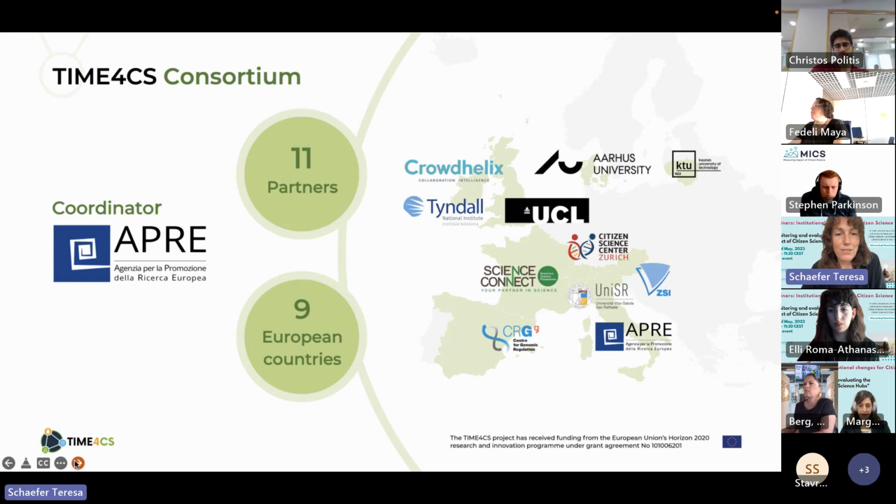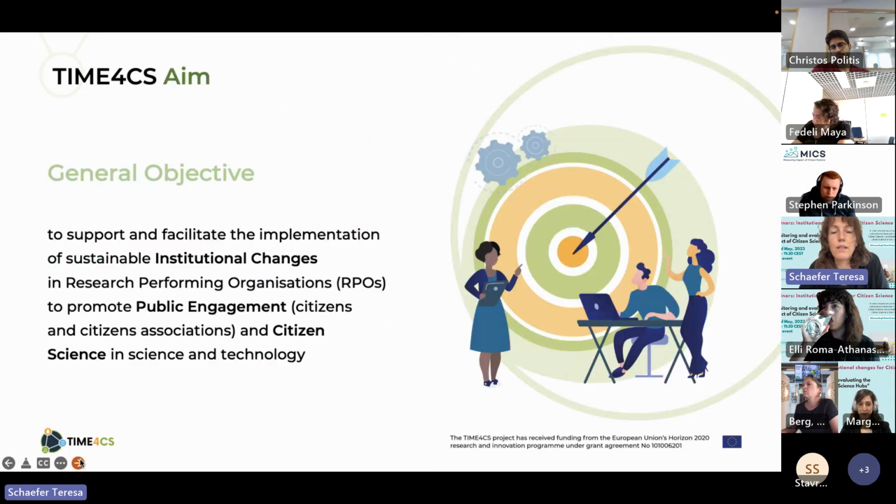I will start with a very short introduction into the Time for Citizen Science project, for those who have not met the project before. We are a European project with 11 partners from 9 different countries. The main objective is that we look into research performing organizations like universities and try to trigger institutional changes to support citizen science.